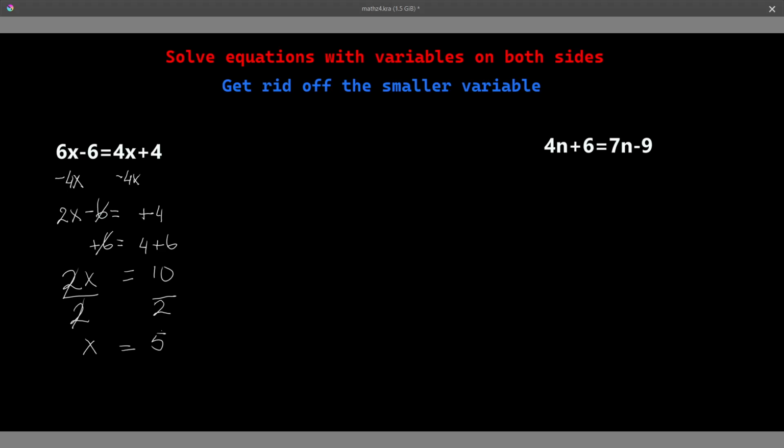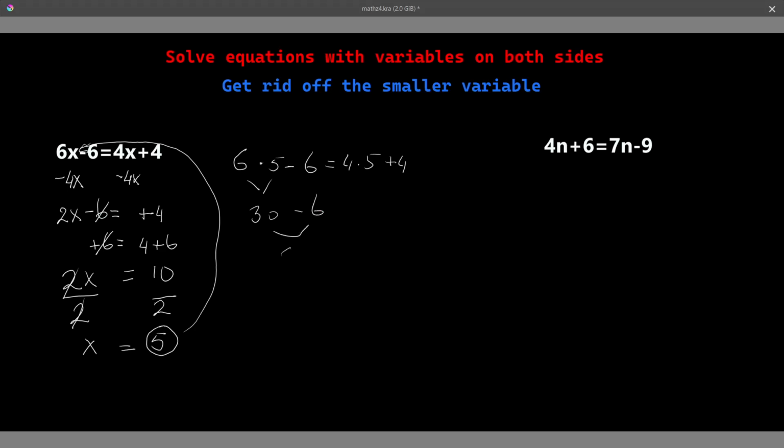We can check this by filling this 5 into our equation, which tells us 6 times 5 minus 6 equals 4 times 5 plus 4. 6 times 5 is 30. 30 minus 6 gives us 24, equals 4 times 5 is 20. 20 plus 4 gives us 24.